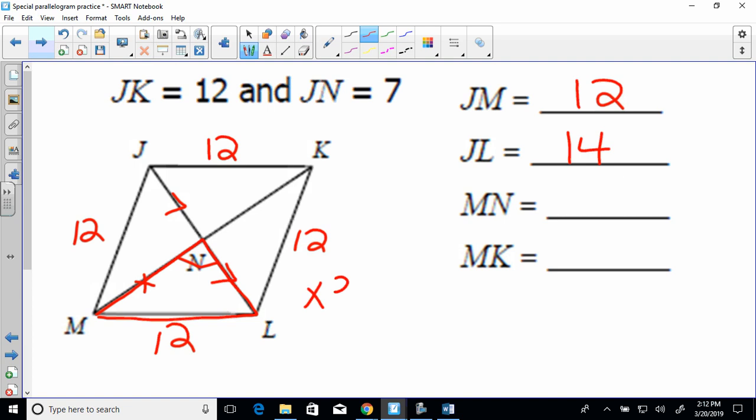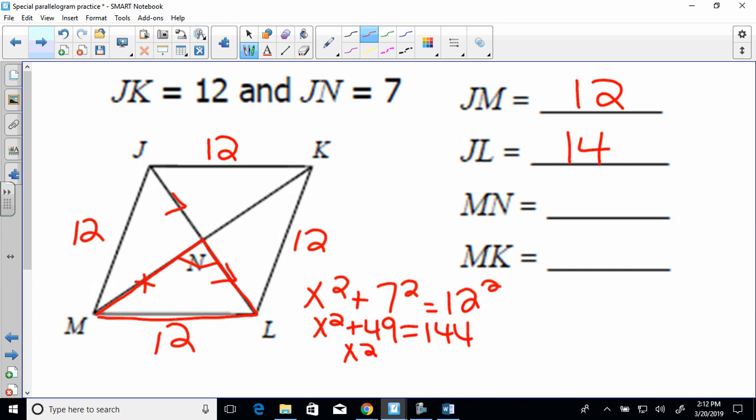So then we have x squared plus 7 squared equals 12 squared. So we get x squared plus 49 equals 144. Then x squared equals 95. Take the square root, and x equals 9.7 rounded to the nearest tenth. So that means MN is 9.7.